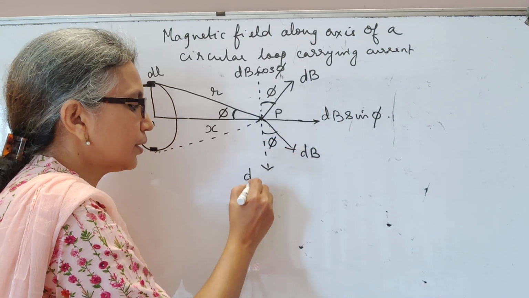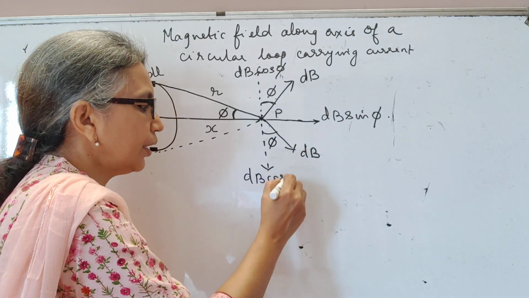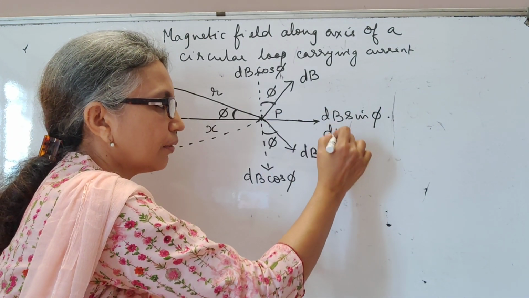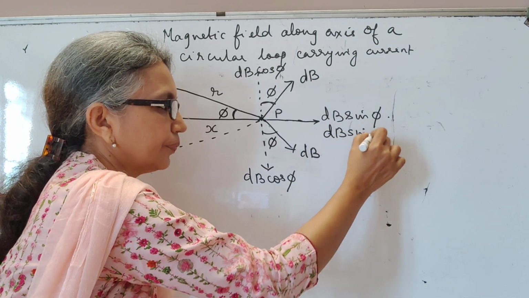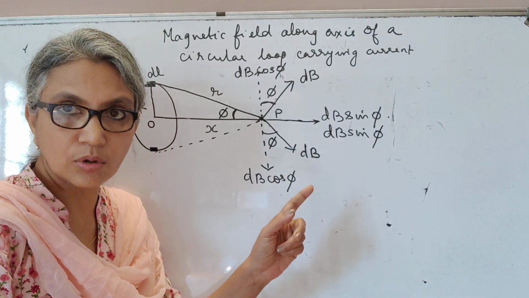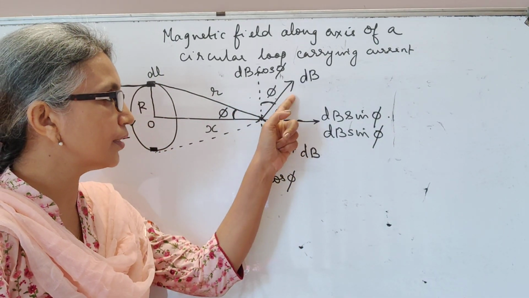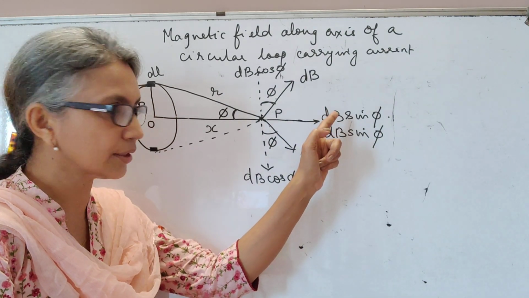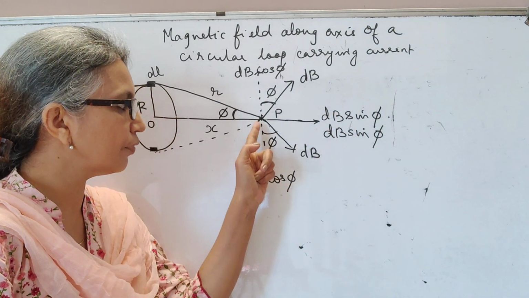So we have this as dB cos phi, and this component of dB along the axis here will be dB sin phi. So you will now notice that because of this dB, we have a dB cos phi and a dB sin phi.